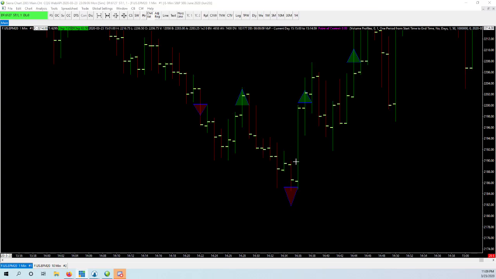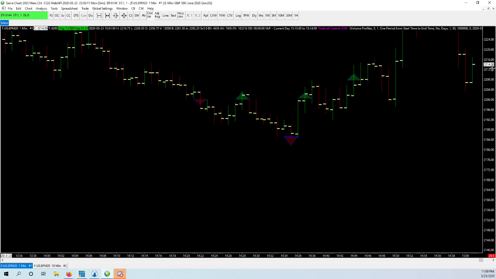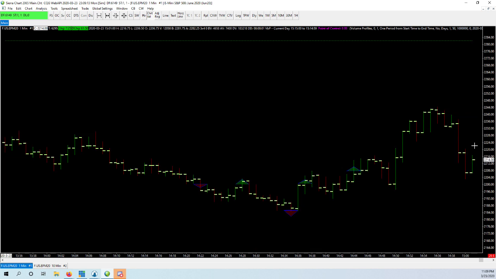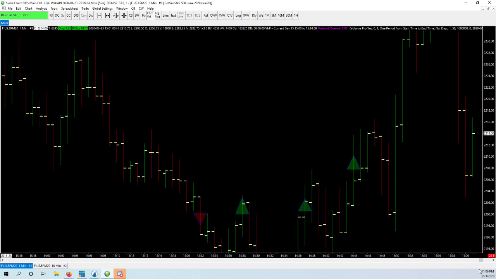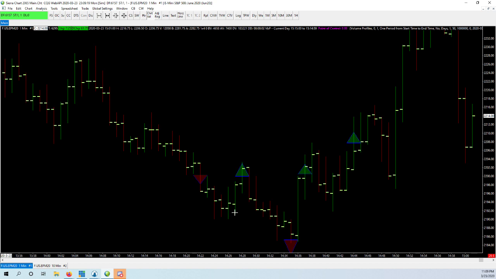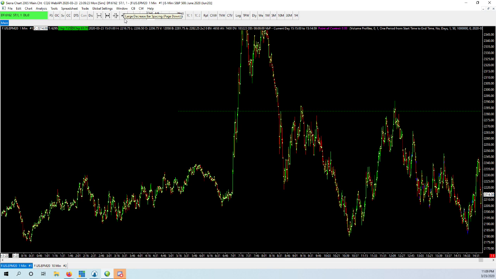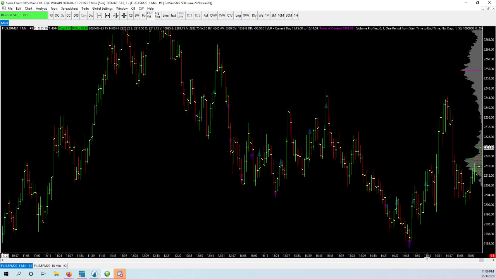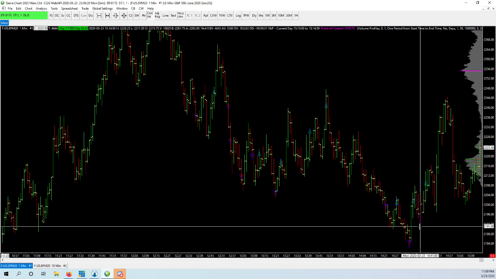And if you look at the bigger picture of things, I just don't feel like zooming out of this. I'll just do it. Here's that right down here.